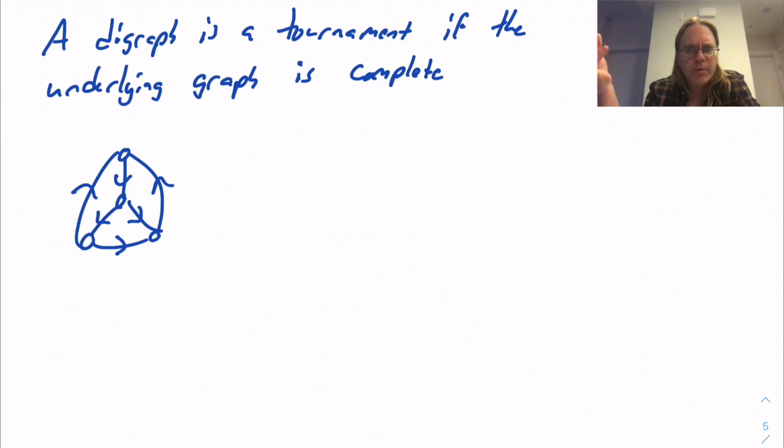I think the motivation here is you imagine you have a collection of players and each pair plays one another. So they play a match, and if this pair has played one another, then you could direct the edge from the loser to the winner. You could record who wins when this pair plays one another by orienting that edge appropriately.